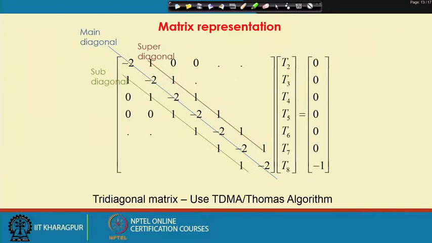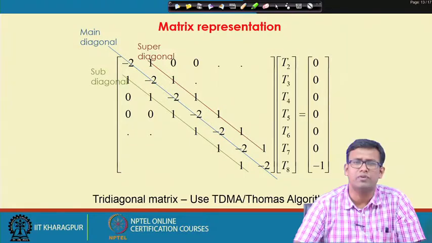And there are algorithms like the tridiagonal matrix algorithm or Thomas algorithm, which uses a recursive relation and can solve this equation. If there are n such rows in this matrix, it can solve this system of equations in order of n number of steps. And this tridiagonal matrix algorithm is a very important algorithm, in the sense that not only for solving 1D differential equations can we use TDMA, but we can use it for ADI, which we will see later.